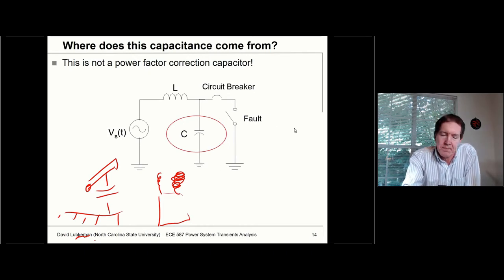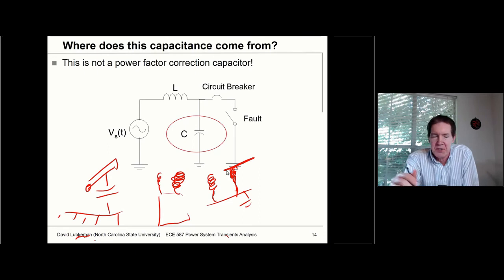a better example would be if I had some type of bushings with respect to ground, where we're going to connect up, say, a bus bar here, and let's suppose this is grounded. So these bushings are just basically insulators.